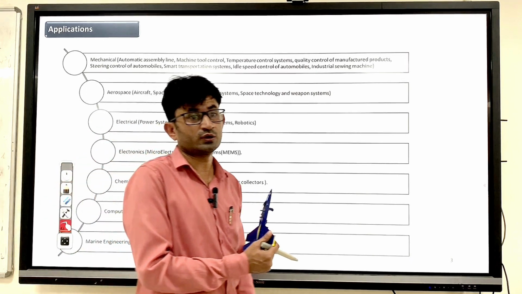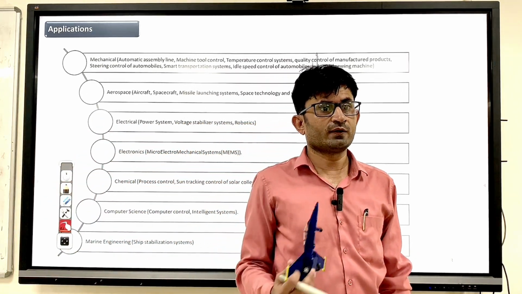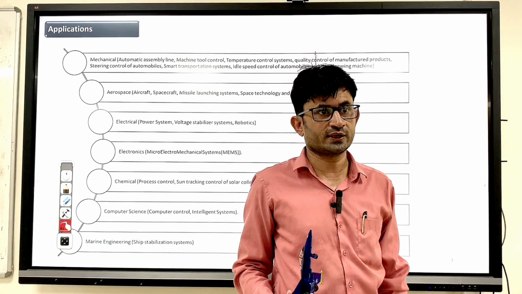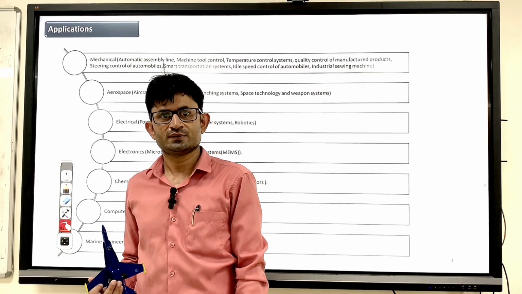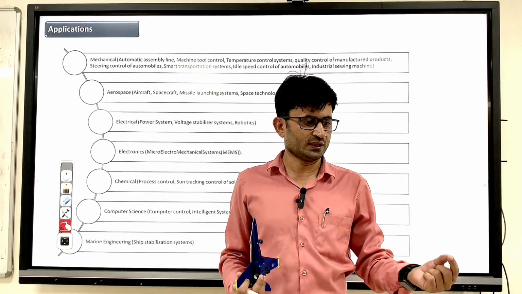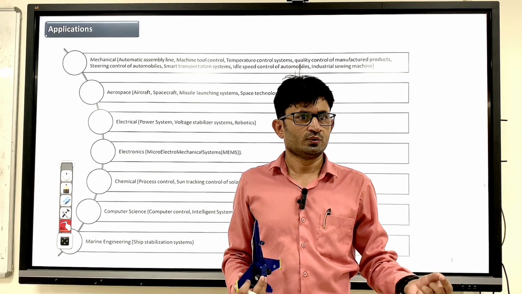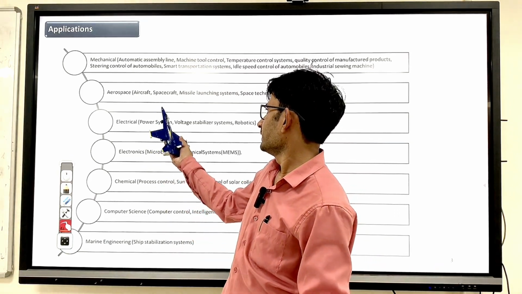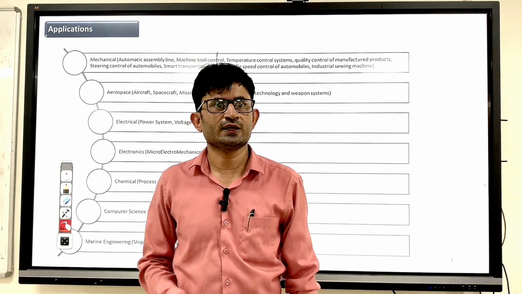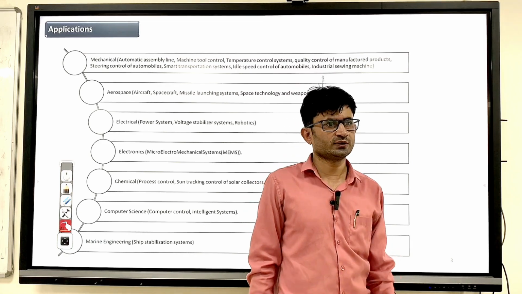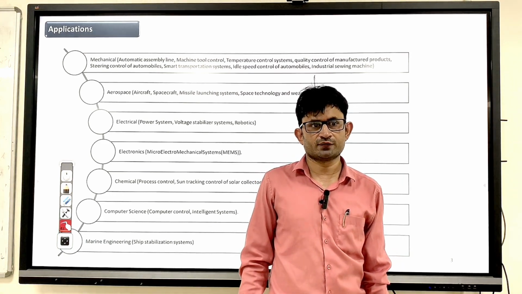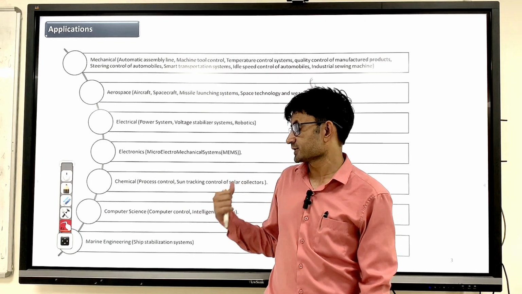You will see control applications in all. Your body is actually a controller, right? If the body didn't regulate temperature, you would not be able to survive. From humans to very big machines like aircraft and missiles, all use controllers. So this is all about the history of the controller, and I have given you some applications also.